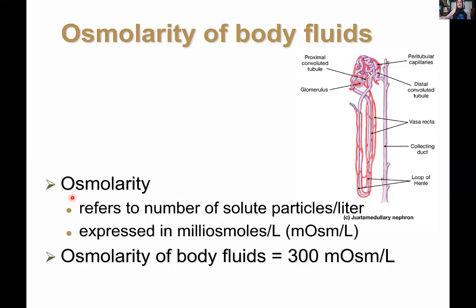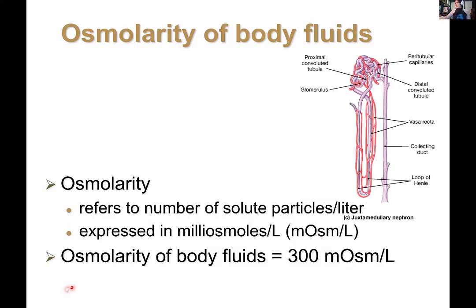So remember, osmolarity refers to the number of solute particles per liter, and it doesn't matter what solute particles either. So when I say osmolarity and I express it in milliosmoles, what I'm saying is the bulk number of solutes, regardless of type, per unit body fluid, in this case, liter.